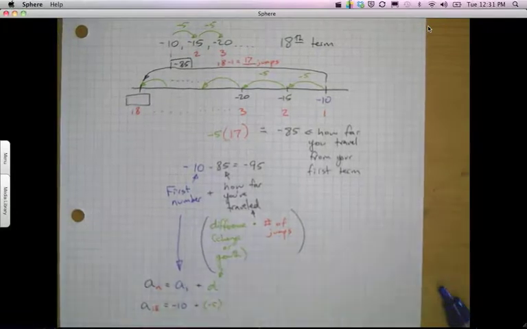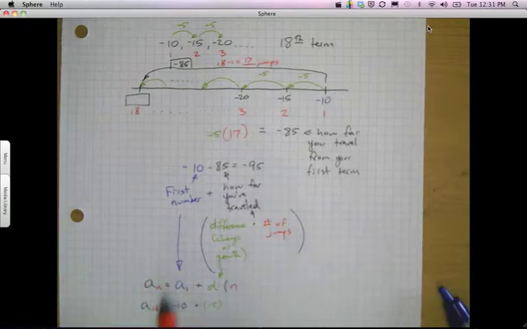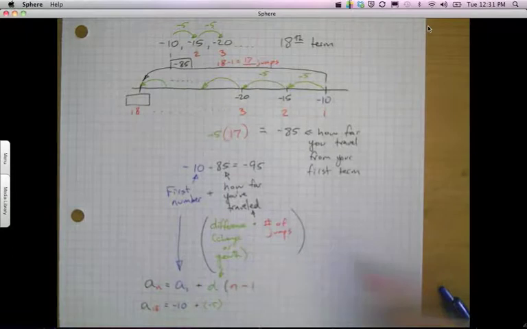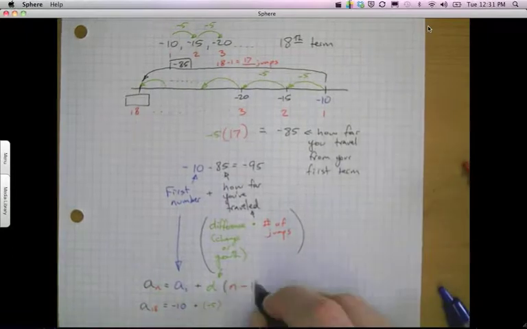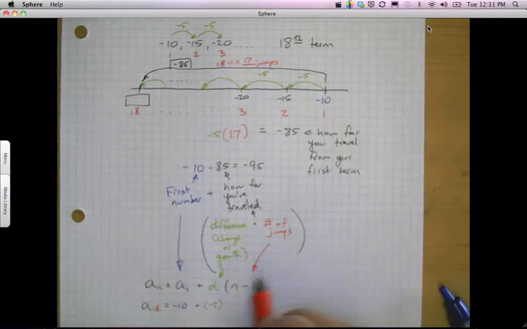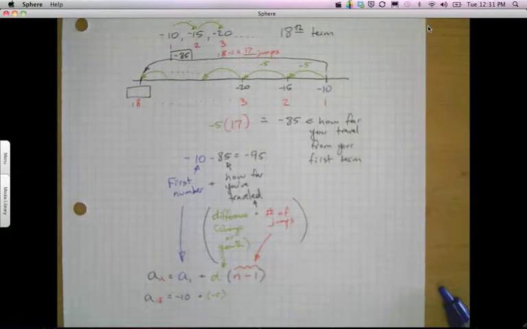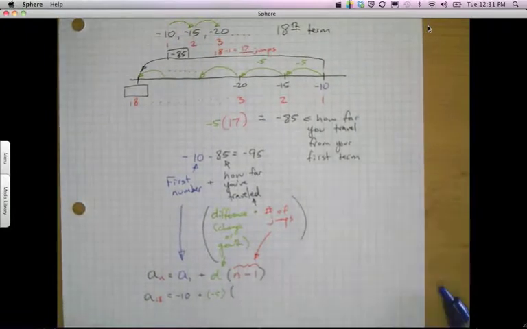And I'm going to multiply that difference times the number of jumps that I need, which I'm going to change a little bit for the equation, and I'm going to say it's the term number, which is my n, minus 1. So don't forget that n minus 1, that whole thing, is your number of jumps, because that tells you how far you had to jump in your equation. And for this problem, it was 18 minus 1.